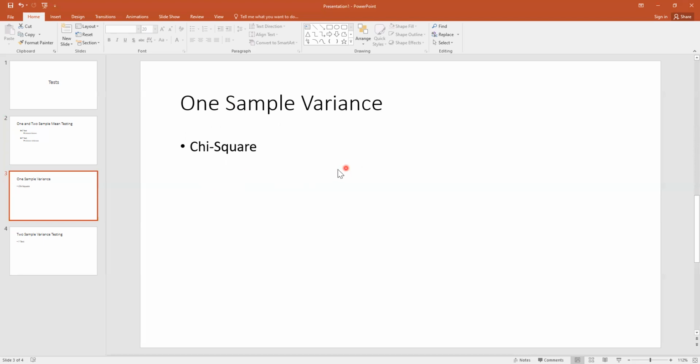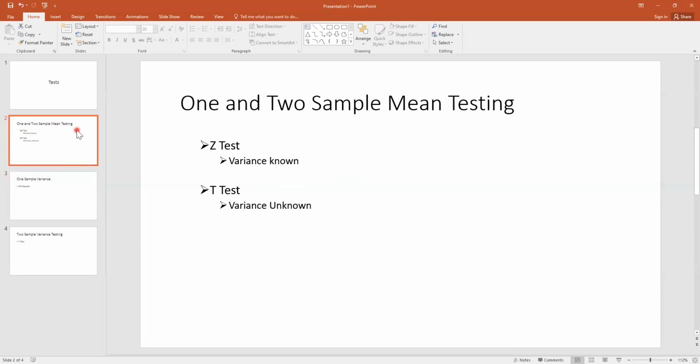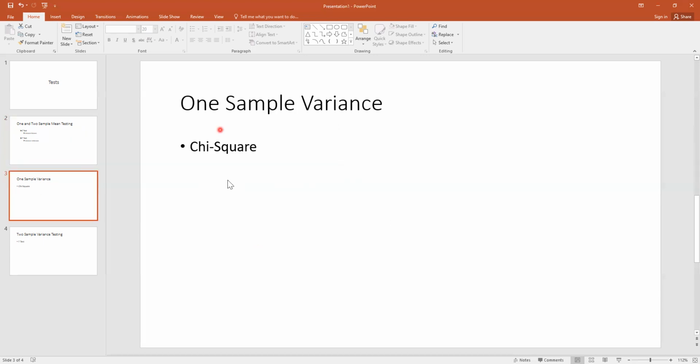When we have mean testing, we have the T and Z tests, but when we want to test variances, we have to choose the chi-square test. And the chi-square test has its own applications, formula and calculation procedure, the details of which are given in the chi-square lectures.